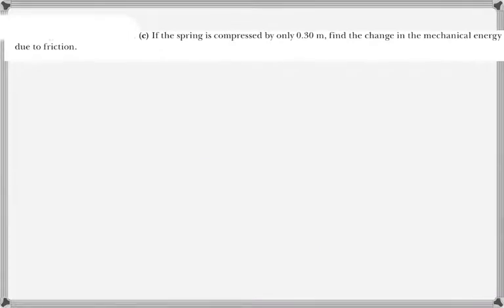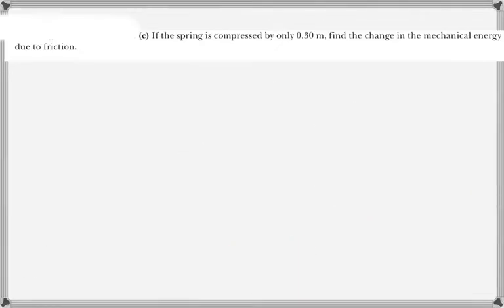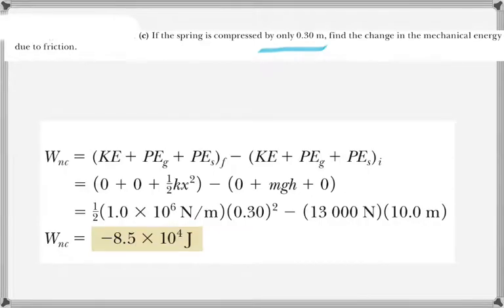The next part is if the spring is compressed by only 0.3 meter. Remember that the question is saying it is compressing only by 0.3 meter. We know from the previous part A that the compression of the spring is 0.51. Now here it is telling us that the spring is compressed only by 0.3 meter, so how do we solve it?